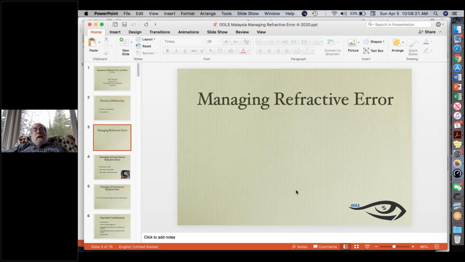The Bruckner test takes about 10 seconds to do, and it has the ability of making at least a simple, basic assessment of all three primary types of amblyopia.